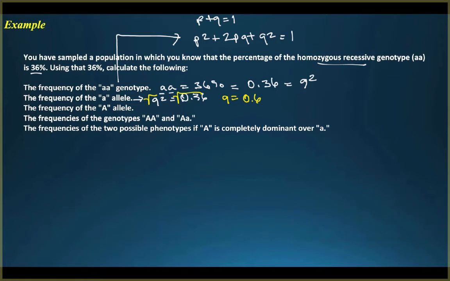So now you have the Q. So can you find the P? Absolutely. You can then go P plus Q equals 1, where P is unknown, but Q is 0.6. And so minus 0.6, and the other side you would put minus 0.6, which would give you a P of 0.4. So that would give you the A allele.